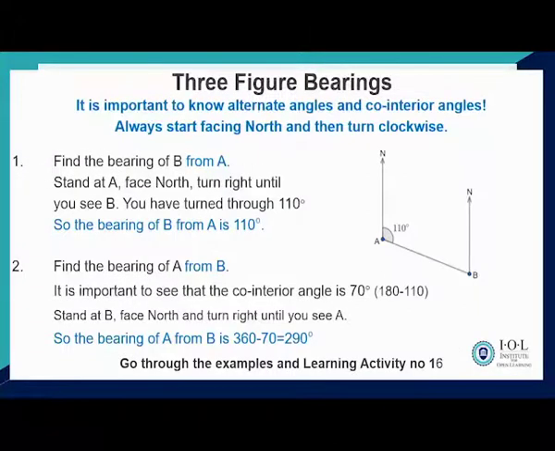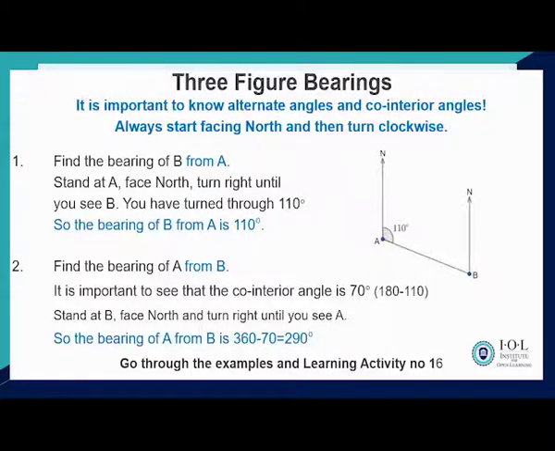When we get to bearings, 3-figure bearings, the word tells you how the answer should be. If your answer is 40 degrees, it will be marked wrong if you don't write the 0 in front. 040 is a 3-figure bearing. The word tells you.